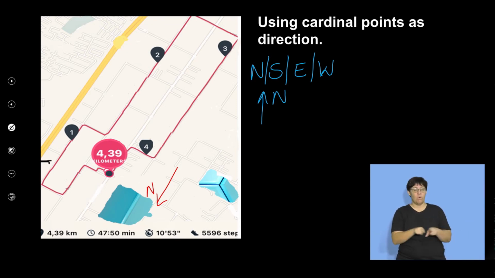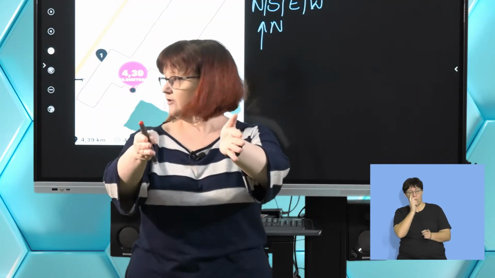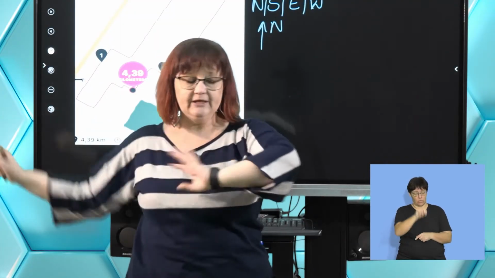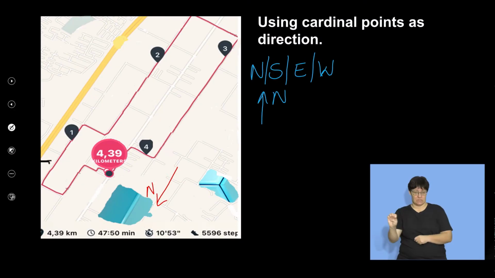We also tend to think, I'm always looking north, which means right must be east, left must be west. That's also not true. You cannot make that assumption. I'm telling you that we're going to use the cardinal points, north, south, east, west. So if that top part is north, then there's east, there's south, there's west.